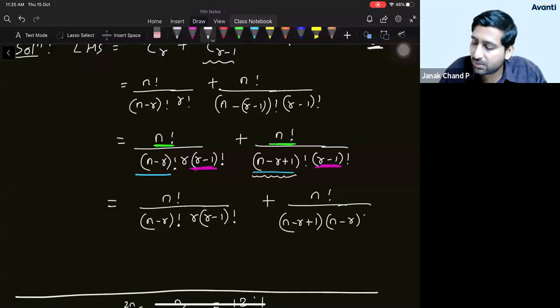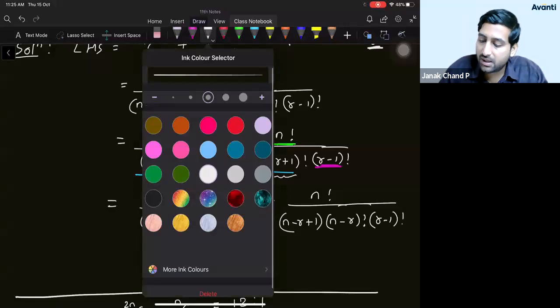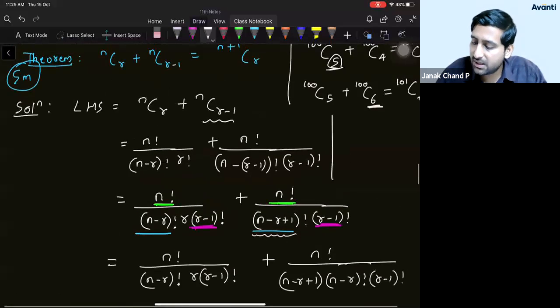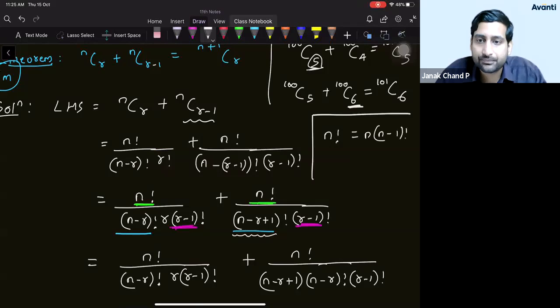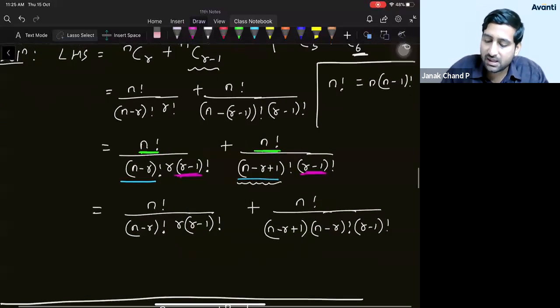So the lower factorial will be this into r minus 1 factorial. I hope everyone remembers what I have used here: n factorial is nothing but n into its lower factorial. So this is what I have used here. Okay, fine.